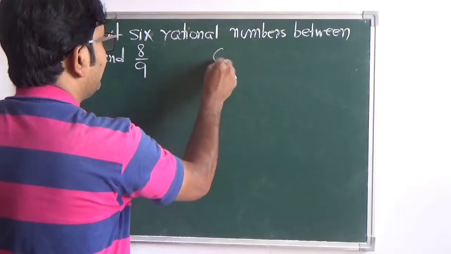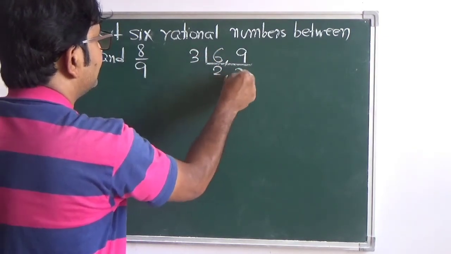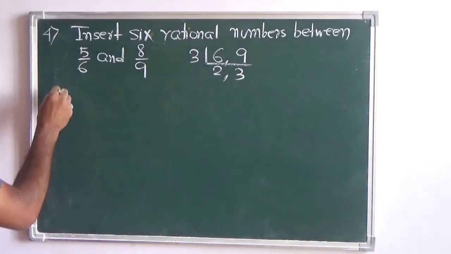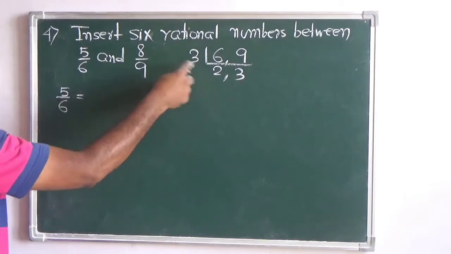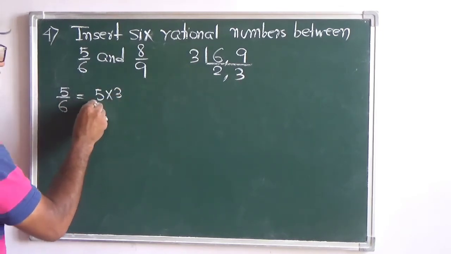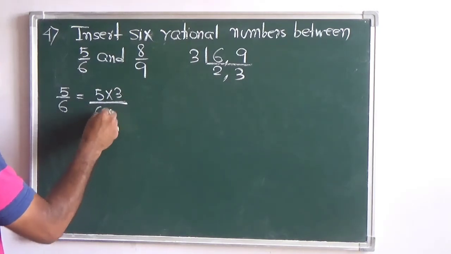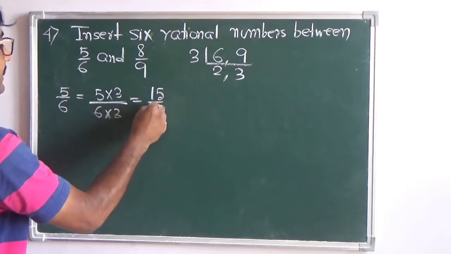So 6 and 9. What will be the LCM? 18. So first of all, change to 18. How to get 18? 5 into 3 by 6 into 3, so you get 15 by 18.